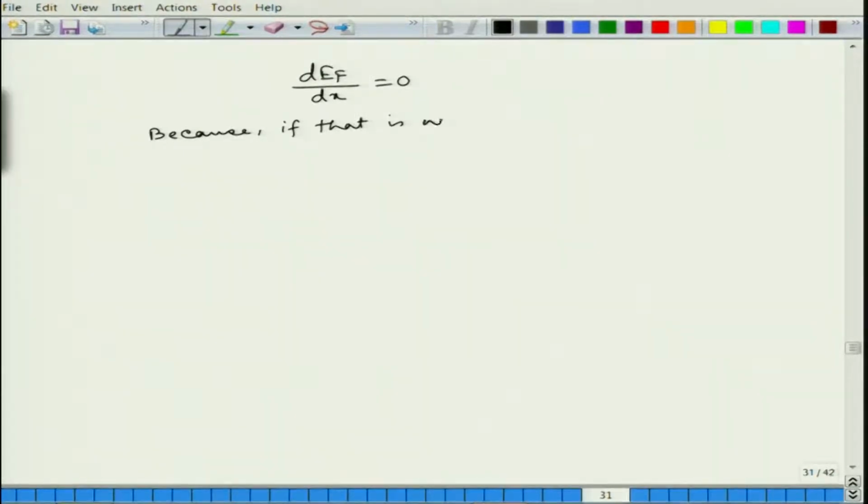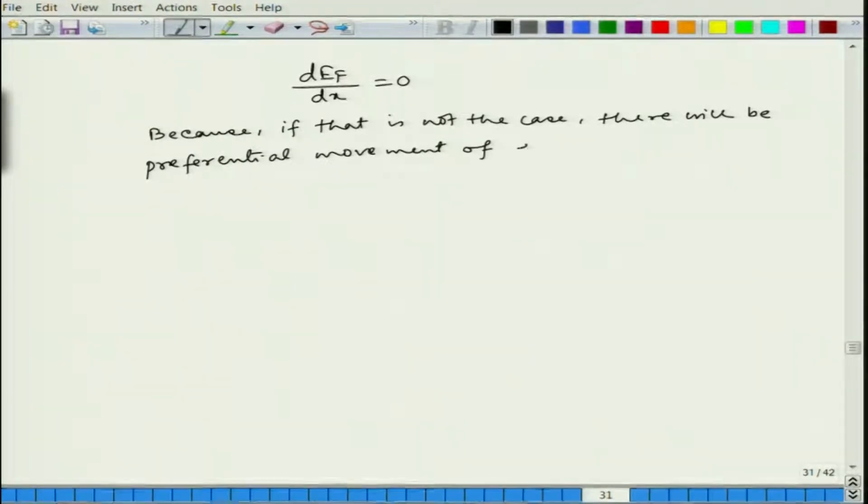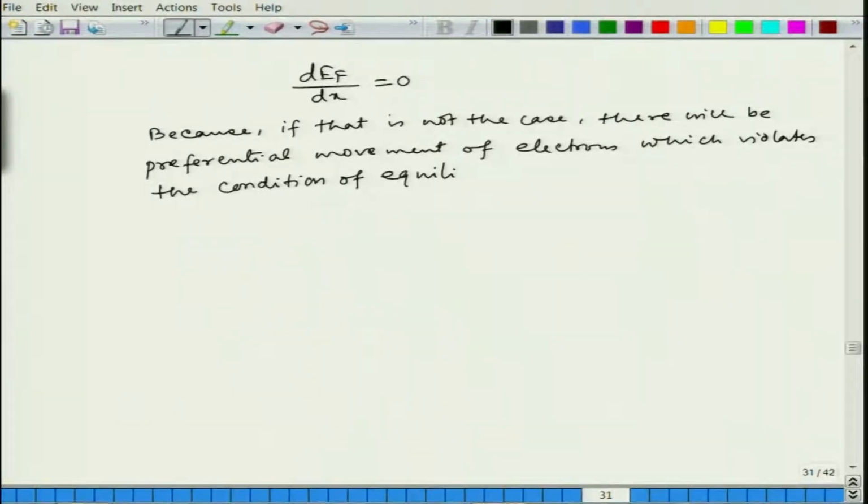If it is not the case, there will be preferential movement of electrons which violates the condition of equilibrium, right.